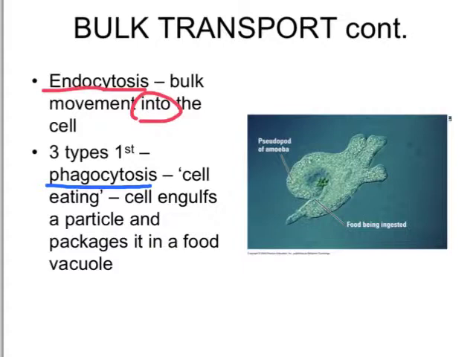So that's what we call phagocytosis. The picture on the right is an amoeba cell, and basically it took one of its pseudopods, which are like little arms, and literally scooped up a bunch of food and engulfed it into itself. It's kind of weird, but that's what we call phagocytosis.